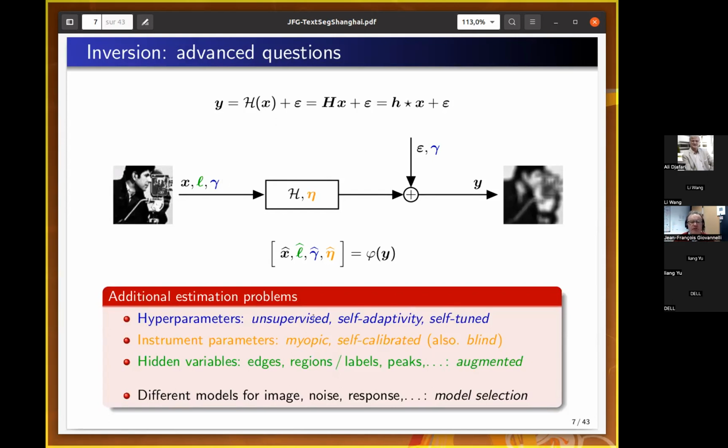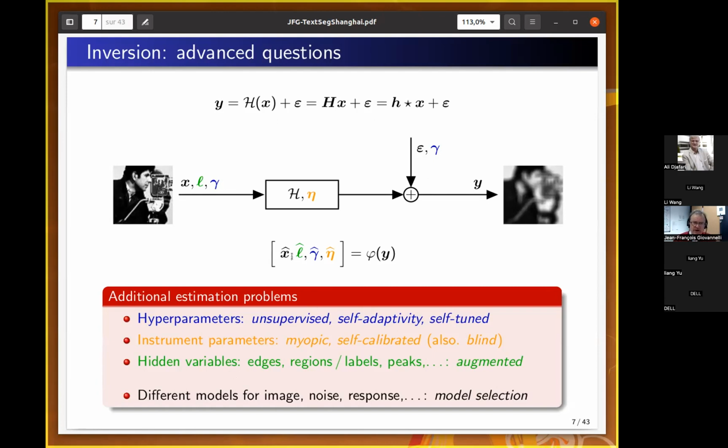We talk about unsupervised or self-tuned methods. The second type of parameters, the golden parameters, constant, for example, instrument parameters. Think about convolution with a Gaussian blur, where the width of the Gaussian is unknown. We talk about myopic or self-calibration or maybe blind problems.